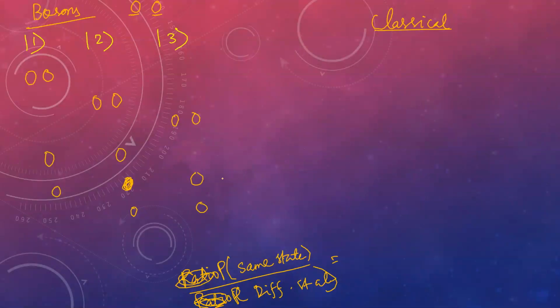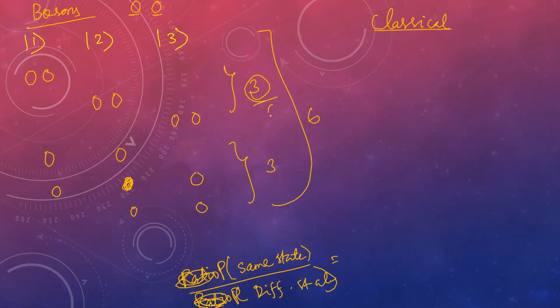So particles in the same state: how many are there? Three. Particles in different states: how many are there? Three. What is the probability of particles in the same state? 3 divided by the total number of states, 6. So 3 by 6. Now, different states: how many states have particles in different states? 3.